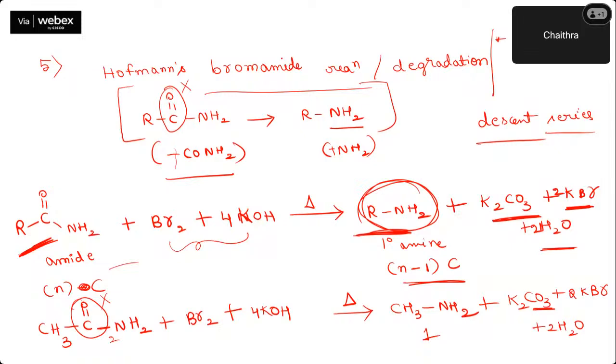This reaction is a convenient laboratory method, and it gives pure amine, the preparation of pure amine which contains 1 carbon atom less than the original compound. Okay, this is the fifth method of preparation of amine. And one more method of preparation is there that is also important, which is a named reaction. So let's move on towards that.